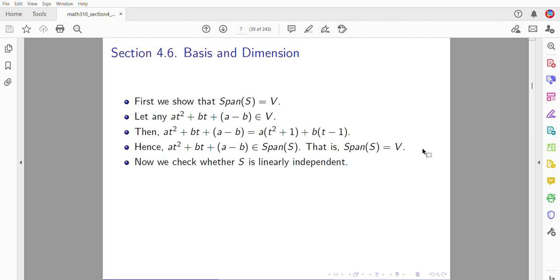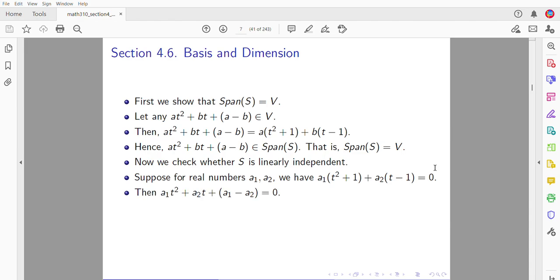Now we want to check whether S is linearly independent. Suppose you have real numbers a1, a2 such that their linear combination is the zero polynomial. Zero polynomial is just the zero constant polynomial. So multiplying, you get a1 t squared, a2t, I'm trying to maintain degree 2, degree 1, and degree 0, I get a1 minus a2.